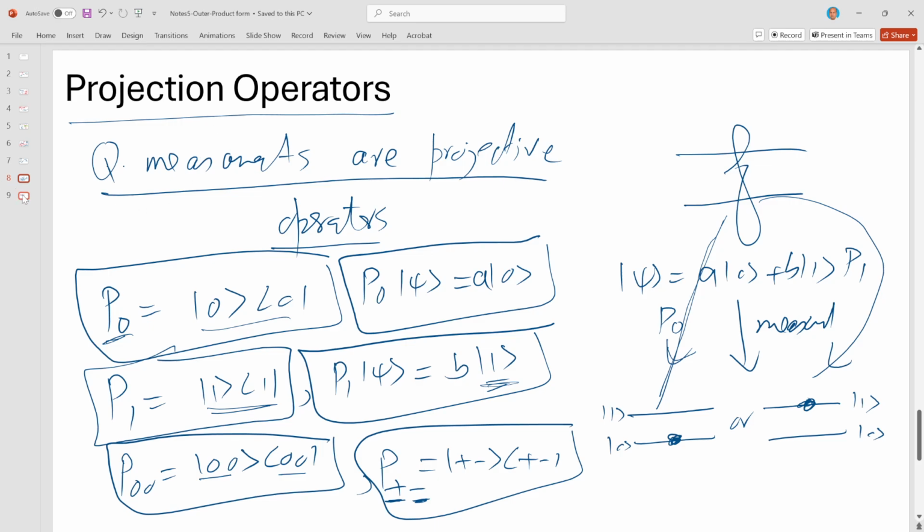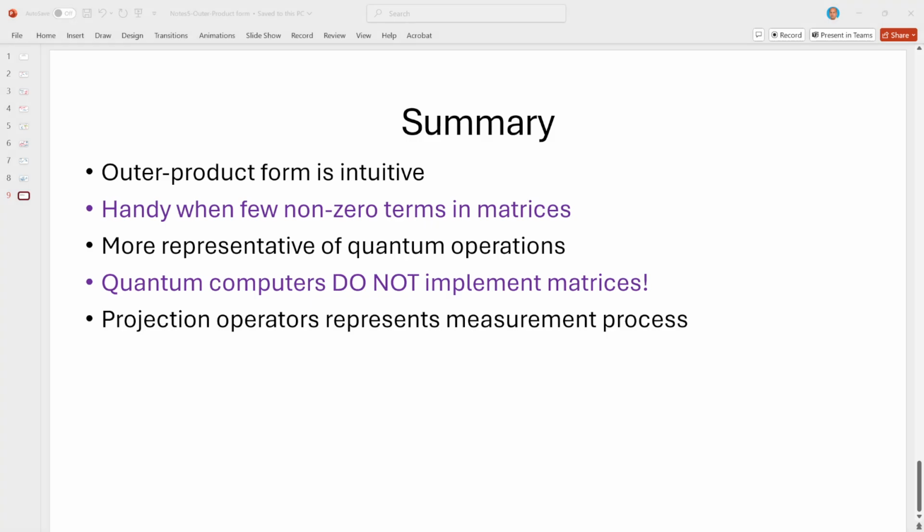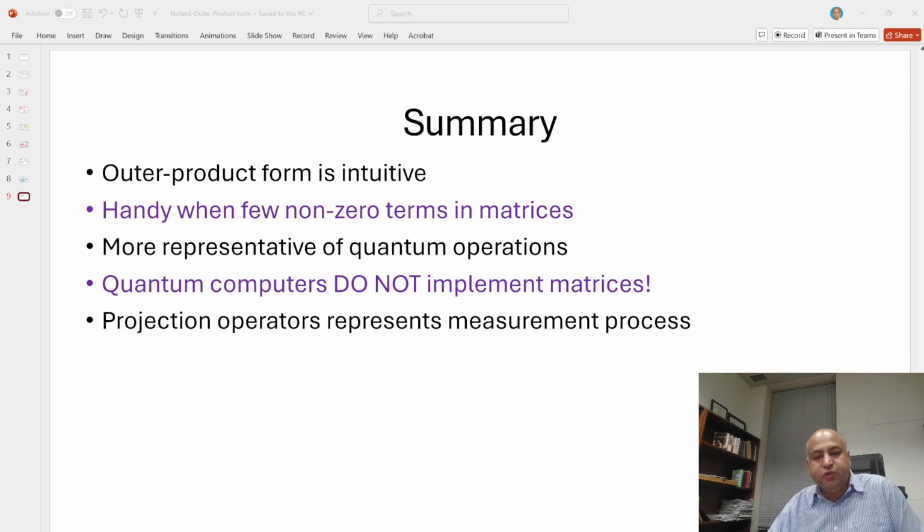Okay, so with this, our short introduction to the outer product form of operators comes to an end.